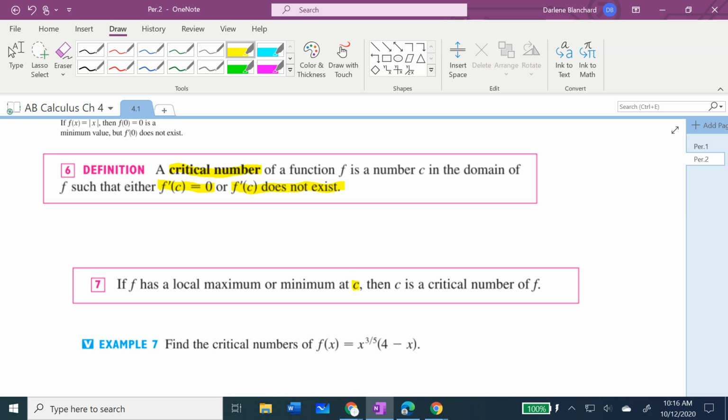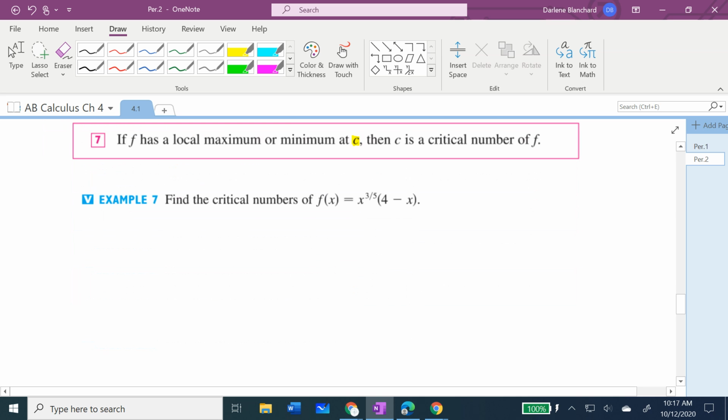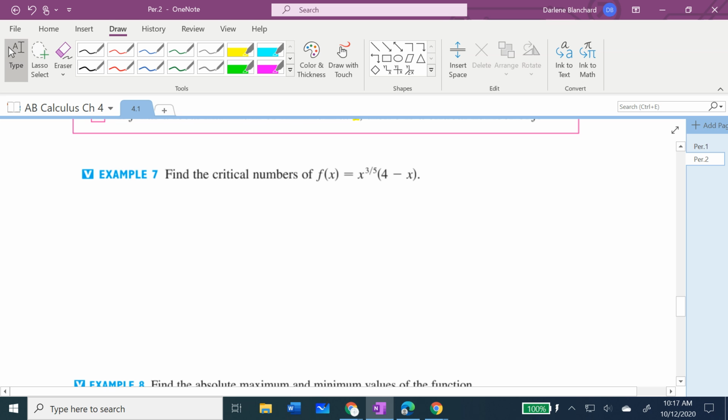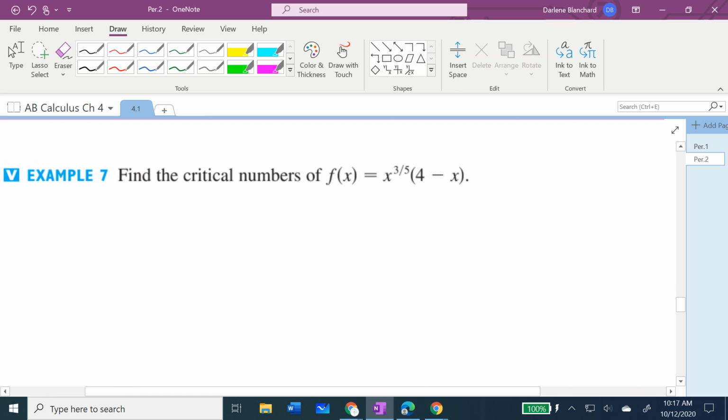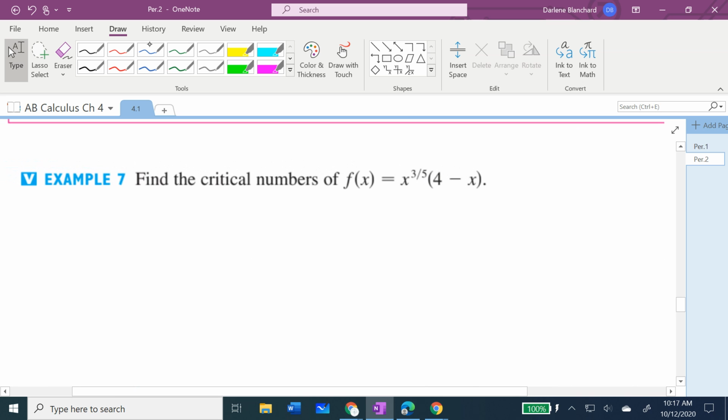And then it's time for an example. Woohoo! We're going to find the critical numbers of this function. And I personally would simplify this before I differentiated.